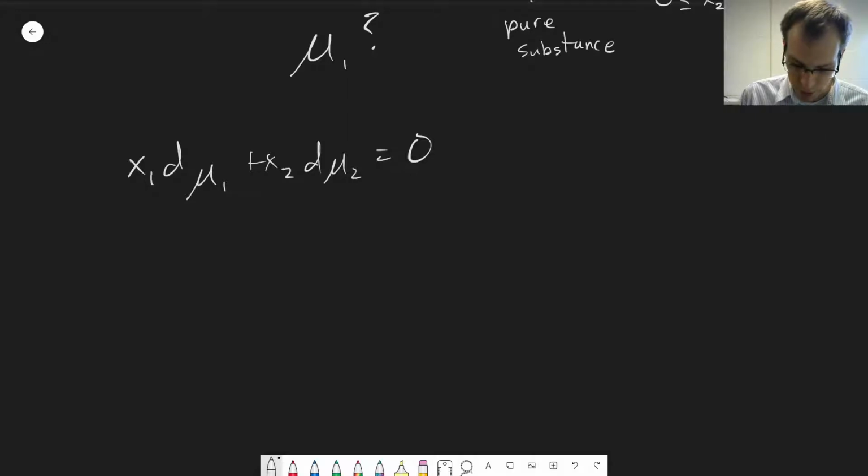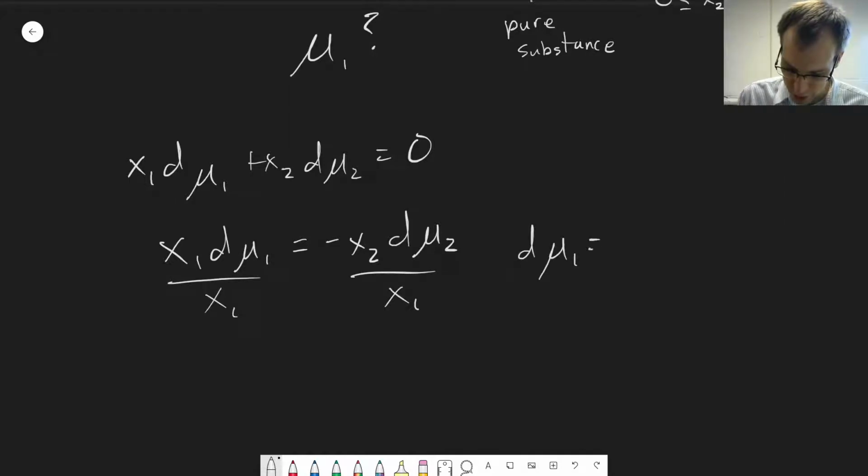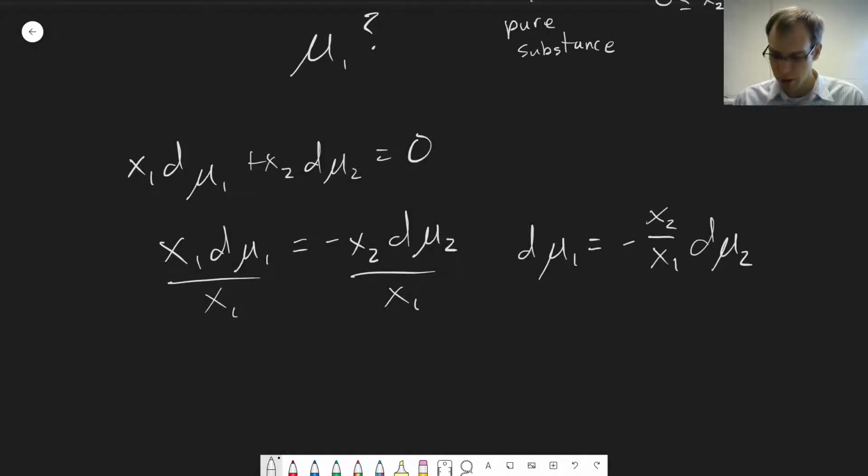So we will have to subtract, and we're solving for d mu 1. x1 d mu 1 is equal to minus x2 d mu 2, and then we divide by x1. So we can say that d mu 1 is equal to minus x2 over x1 d mu 2. And now we need to come up with an expression for d mu 2.